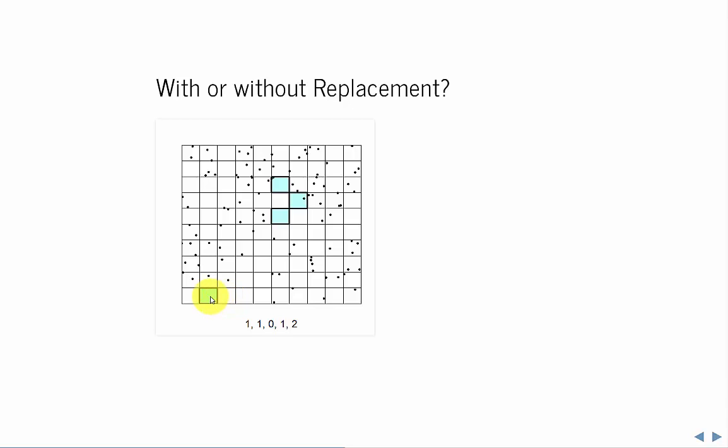So in this case, our sample unit right here has been counted twice, and so instead of 1, 0, 0, 1, 2, we have 1, 1, 0, 1, 2. This is perfectly acceptable, and obviously with a small sample relative to the sample frame, the likelihood of this happening is actually quite small.